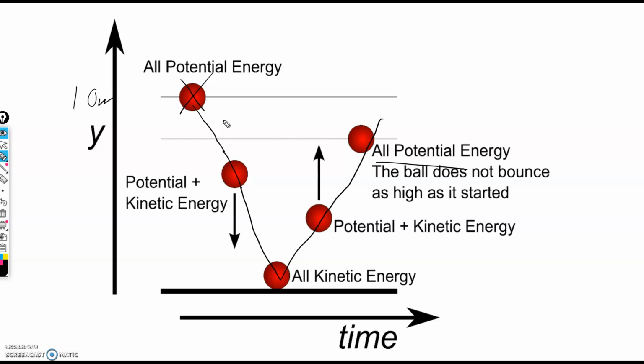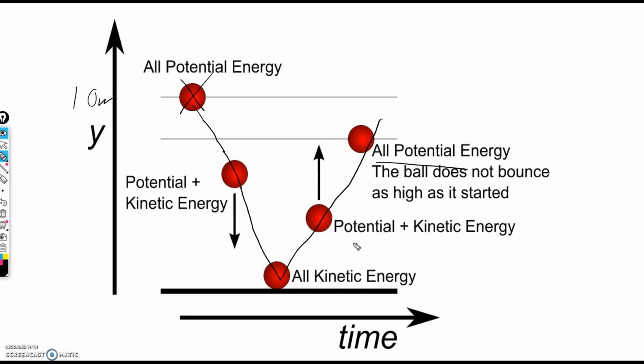So this just relates to how we talked about potential energy being converted into kinetic as it drops down, and then as it hits the ground, this ball has no more potential energy, it's just all kinetic energy. But then when it bounces back up, its potential energy starts increasing again because the height starts to increase again, and its kinetic energy starts to decrease, and then it gets to a top off point.